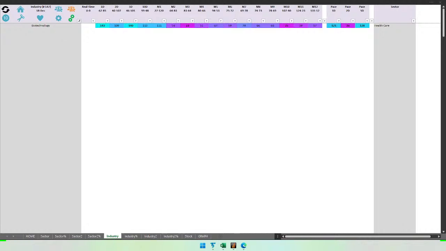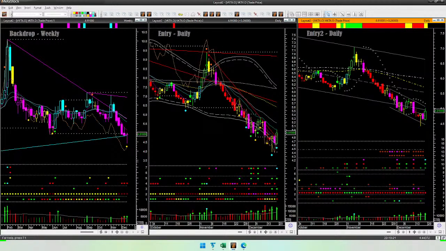So VKTX is a possible buy, a low price biotech. It has a long upper tail on Friday. So I would not buy on Friday at the close, but on Monday, if it can go above the high of Friday, it will give a very low risk buying opportunity.